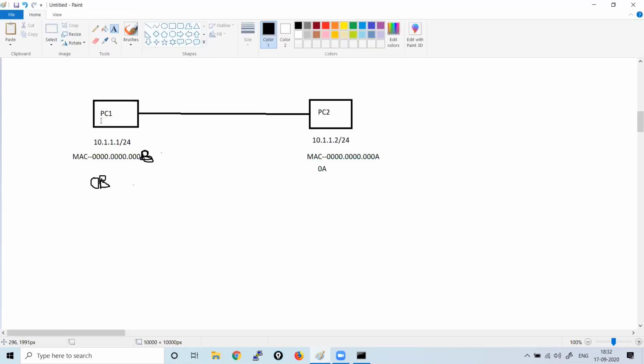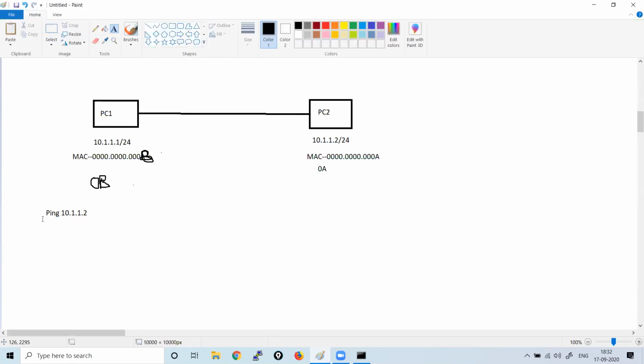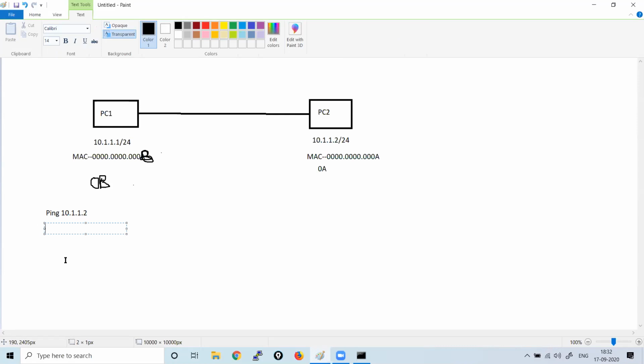I'll go into the command prompt of PC1 and I would write ping and the device. The moment I enter this, the PC will call which protocol I told?